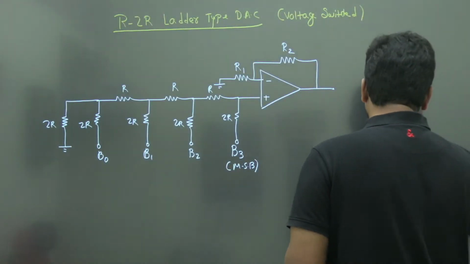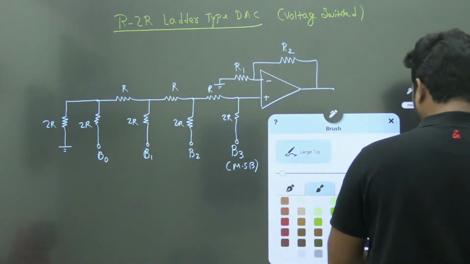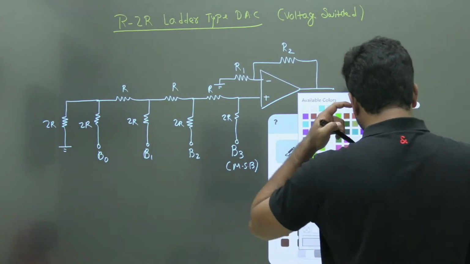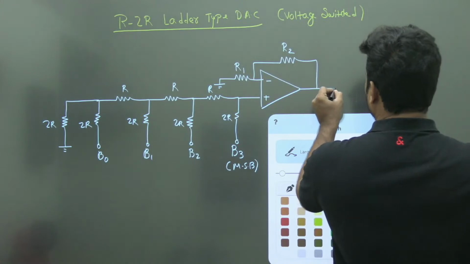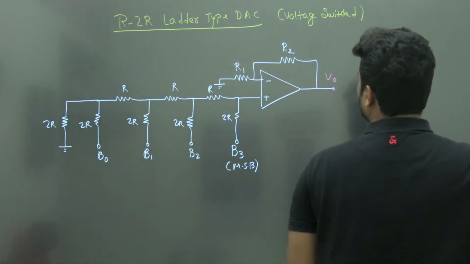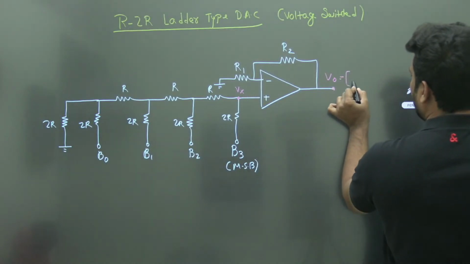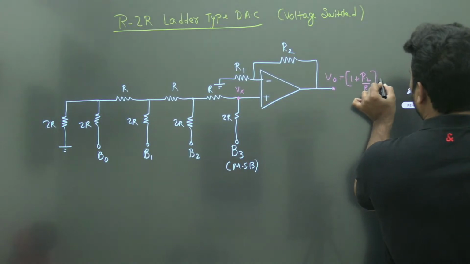Before this discussion, here this is my V naught. Let's take this as Vx. What is your V naught? It is 1 plus R2 by R1 into Vx.